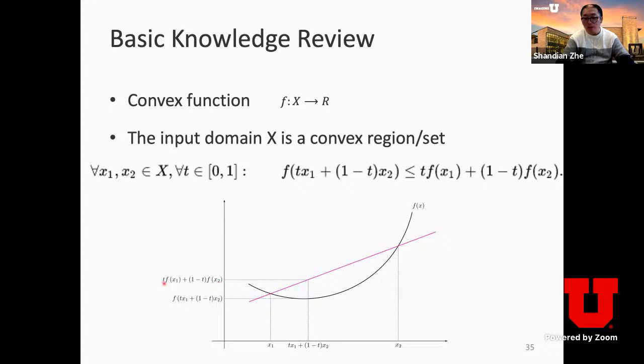So you can see that the linear combination of the function values is bigger than the function value of the linear combination of the inputs. So that's the definition of a convex function. It's a little bit complex, but it actually reflects many beautiful properties.